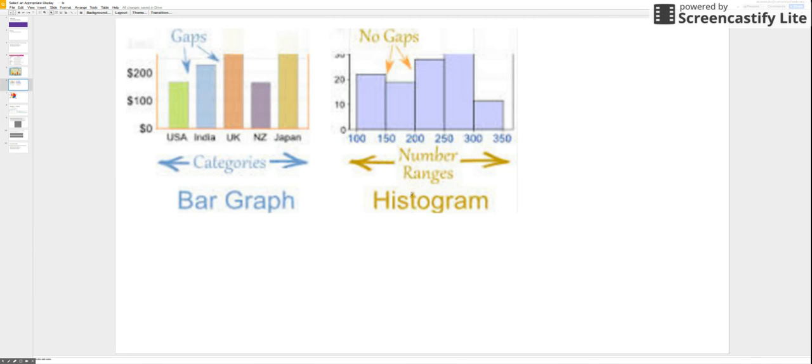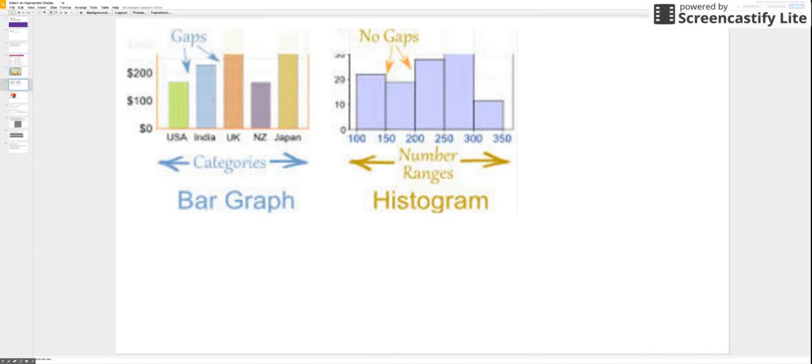Now here, a histogram, you have number ranges down here, so from 100 to 150, then you have 150 to 200. So let's say somebody falls into the category of being able to read 100 words to 150 words per minute.